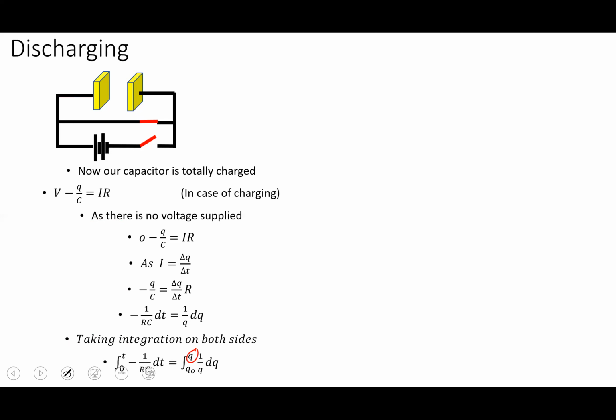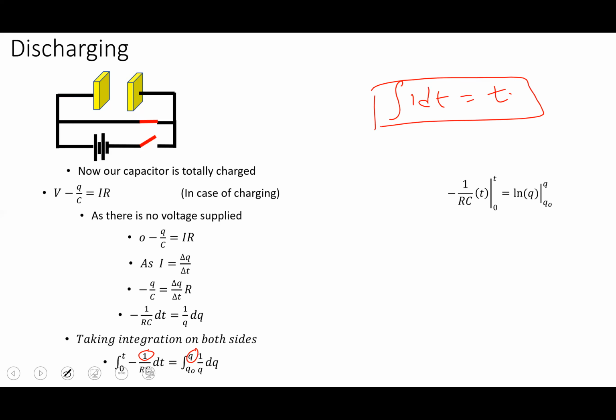If we apply the integration, we get 1 over RC and T, because the integral of 1 dt is simply T, applying the power rule.